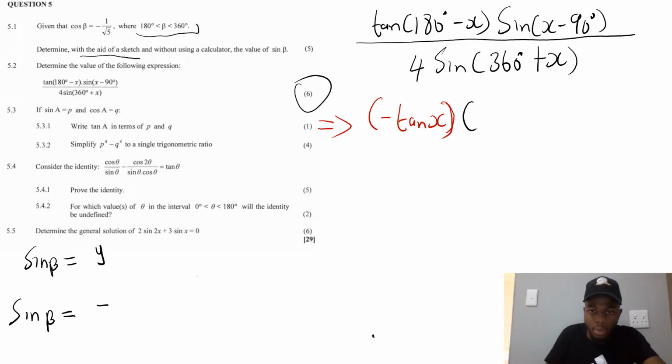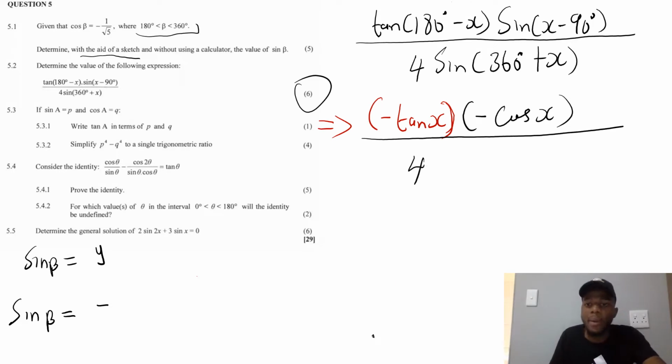So I will have negative, then sine will change into cos x. Divided by 4. Let's check our angle. 360 degrees plus x is in the first quadrant. All the trig ratios are positive in the first quadrant, so here we're still having positive sine x.